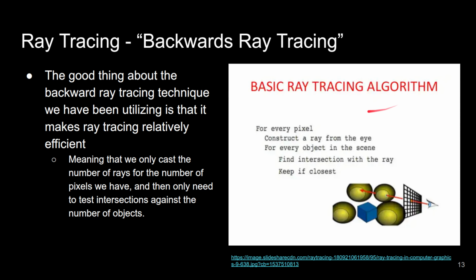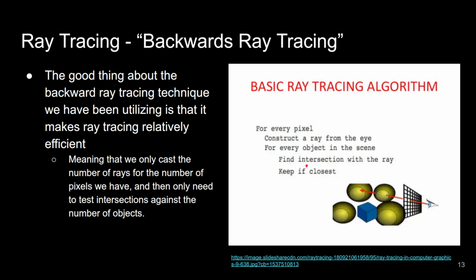The good thing about this technique we've been using, though, is that computationally, relative to ray tracing terms, this is pretty efficient. We have an m by n, or however many pixels you have, your width times your height, you cast out a ray, and then you test the intersection for every object in the scene.